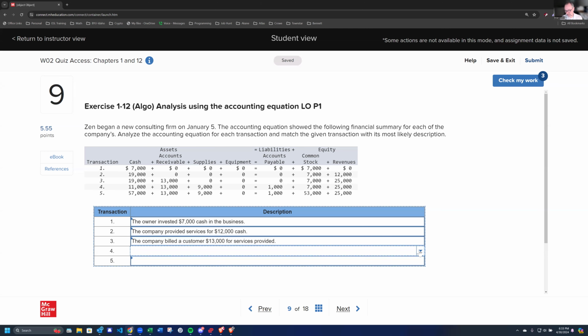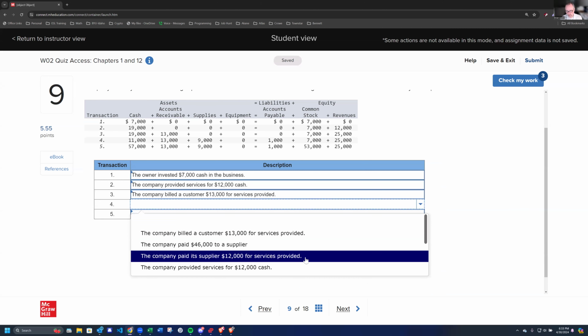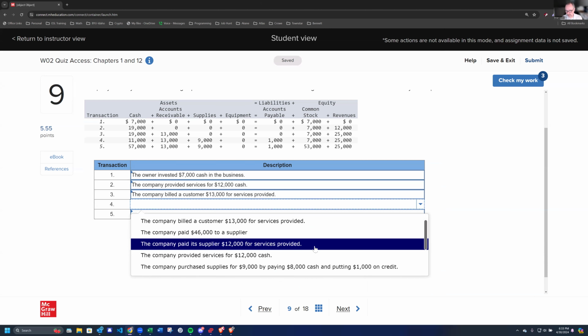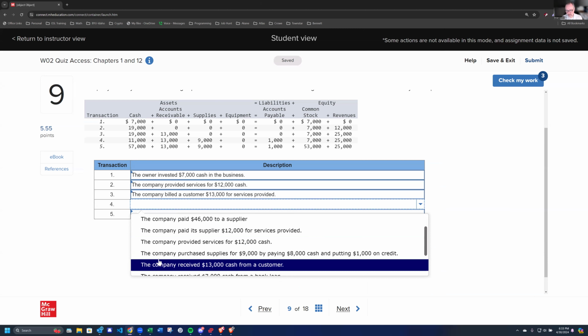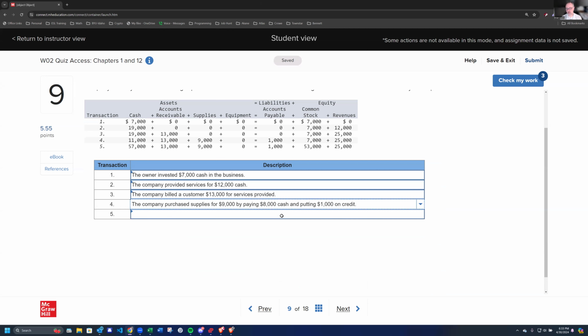So we're going to look for a $9,000 transaction split between $8,000 in cash and $1,000 in credit. And that's this one right here. The company purchased supplies for $9,000, paying $8,000 in cash and putting $1,000 on credit.